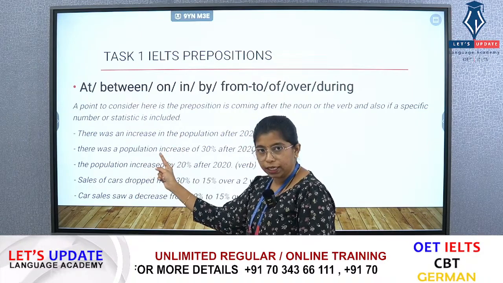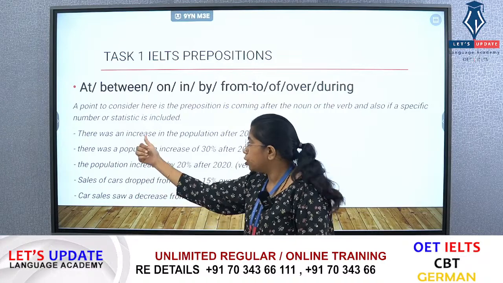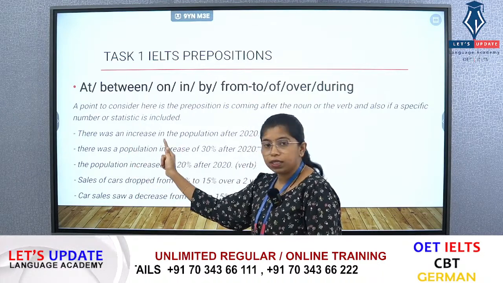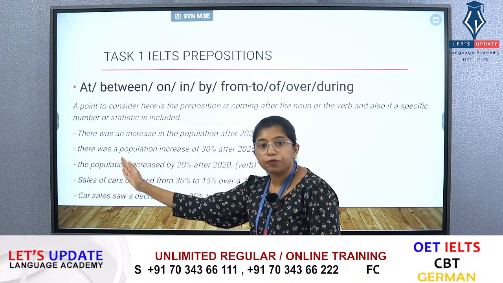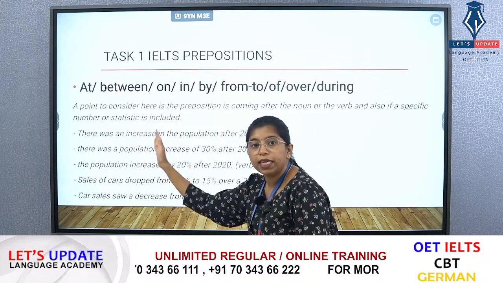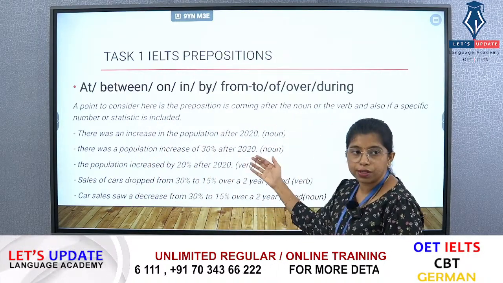It is in, and what is the noun here? An increase. So the noun here is an increase, and we are using this preposition after the noun. Okay, so there was an increase in the population after 2020.